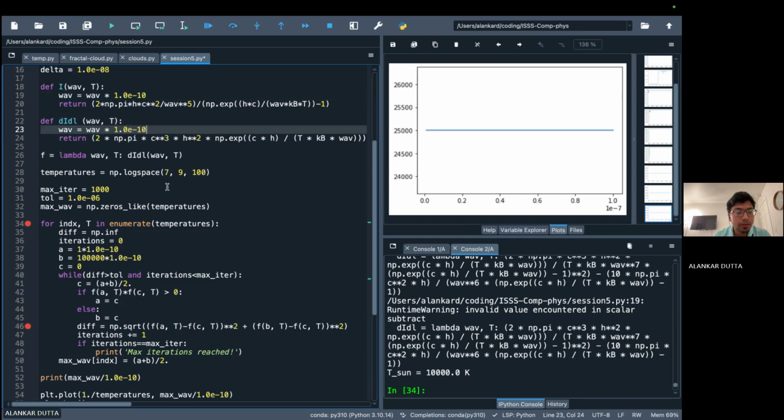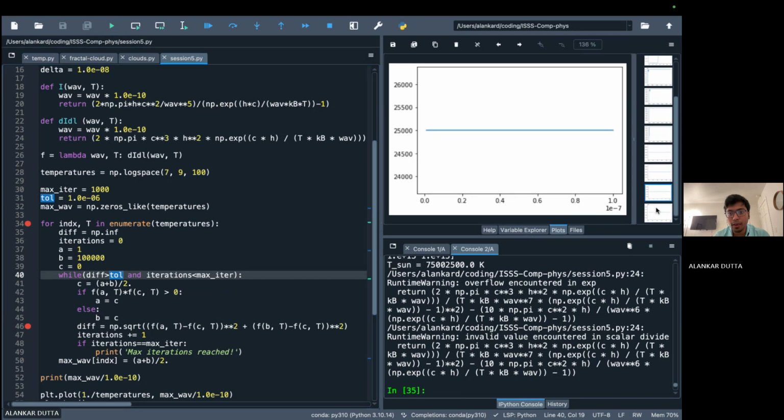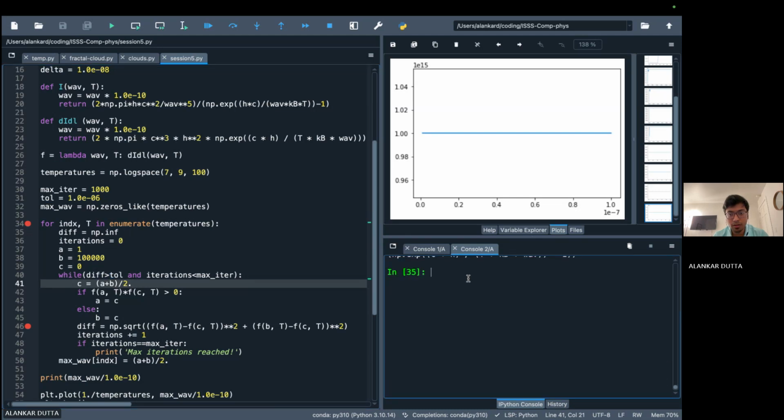So now this will help me give something like 1,000 and 100,000 angstrom, right? And hopefully clear this, so let me get through the code easily.